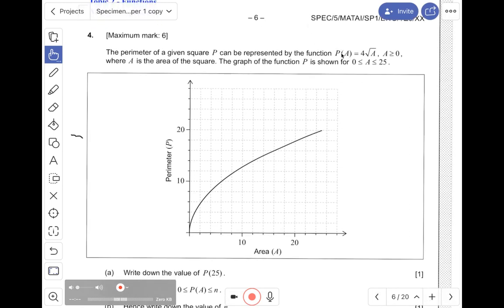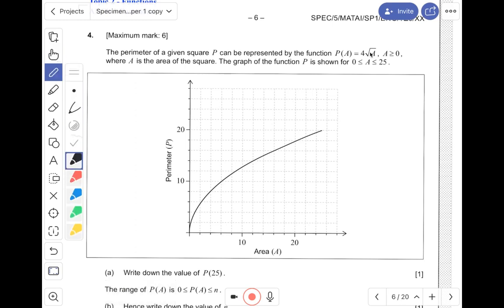So up here you see the y value, the perimeter, and the input is going to be area of the square. They give you that the area has to be positive, of course. Okay, so the domain of the function is basically that a is greater than 0.